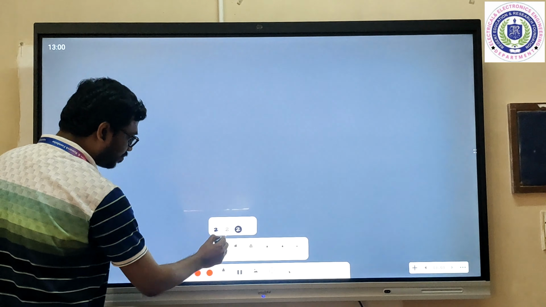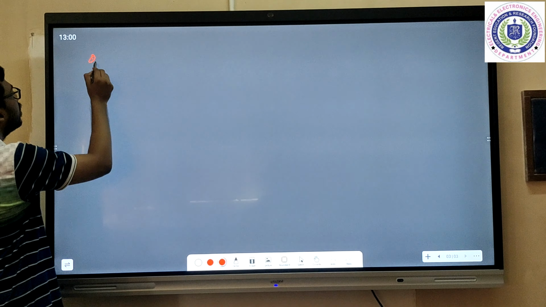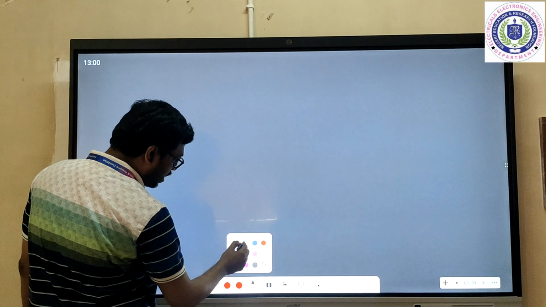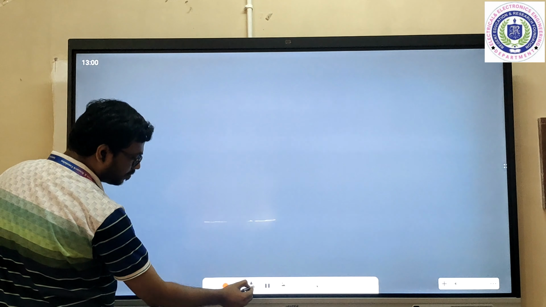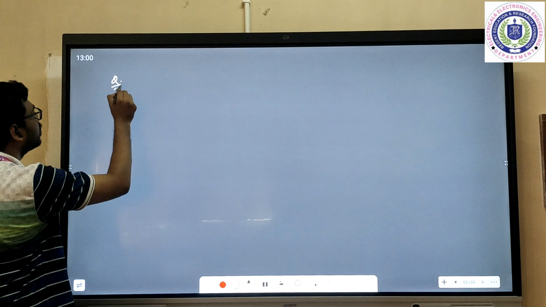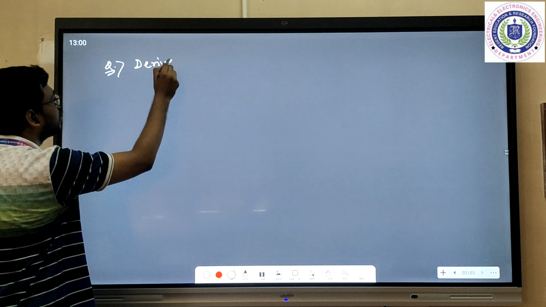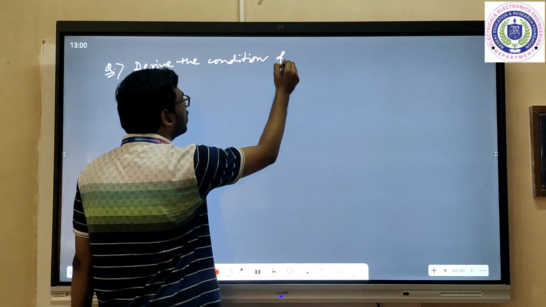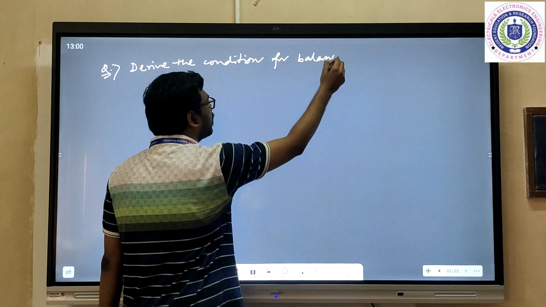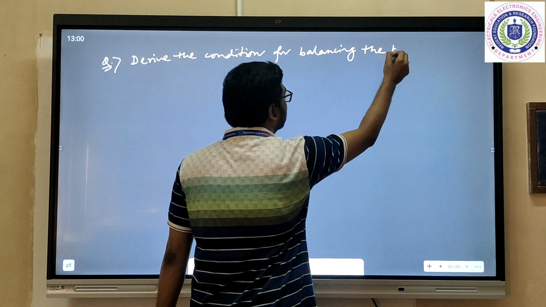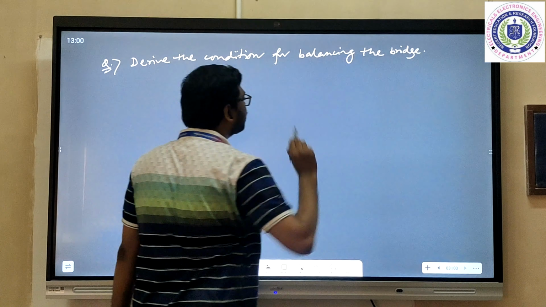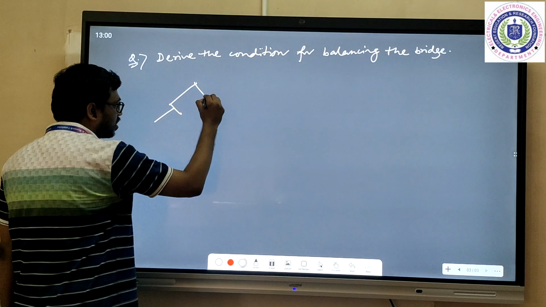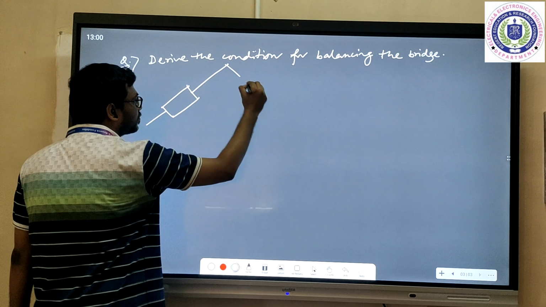The next is derive the condition for balancing the bridge. Okay, so I am taking here a bridge which consists of 4 arms.